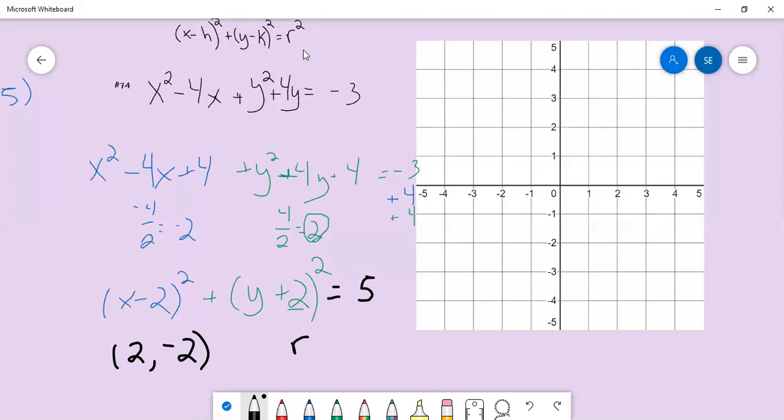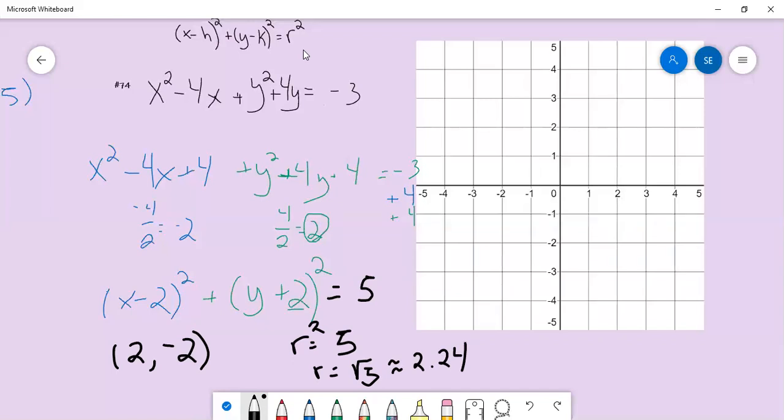And our radius squared is equal to 5. So our radius is equal to the square root of 5, and if we plug this into our calculator, this is approximately equal to 2.24.